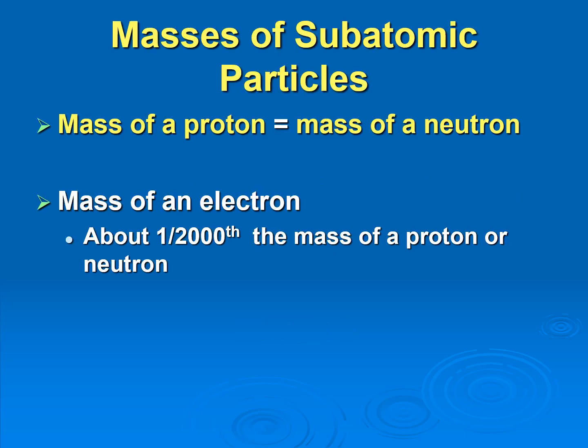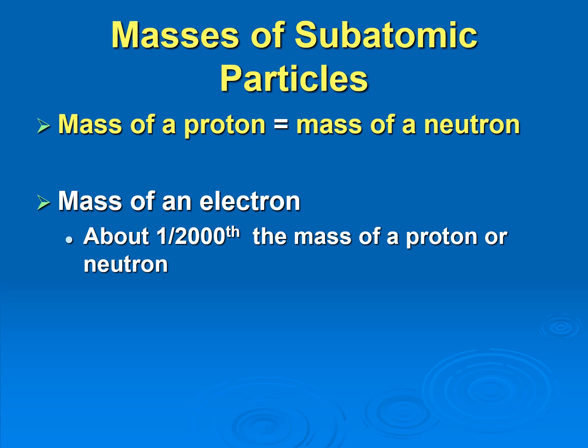Let's take a look at the masses of subatomic particles. The mass or weight of a proton is equal to the mass of a neutron, so they weigh exactly the same. The mass of an electron is about 1/2000th of the mass of a proton or a neutron, so the weight of an electron is really pretty much nothing.